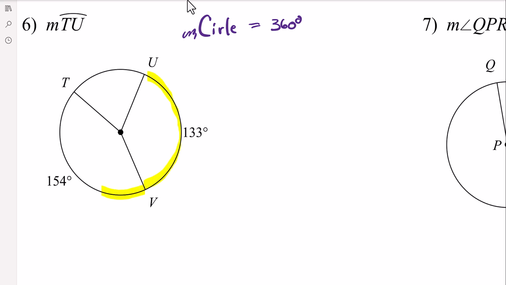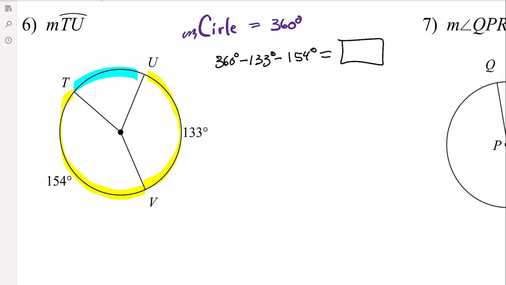They gave us this measure. So the part we have to find, well then that's just 360 degrees, subtract 133 degrees, subtract 154 degrees, and that will give you a measure. So the measure of arc TU is, I'm pausing because you should type that in and then write it yourself.